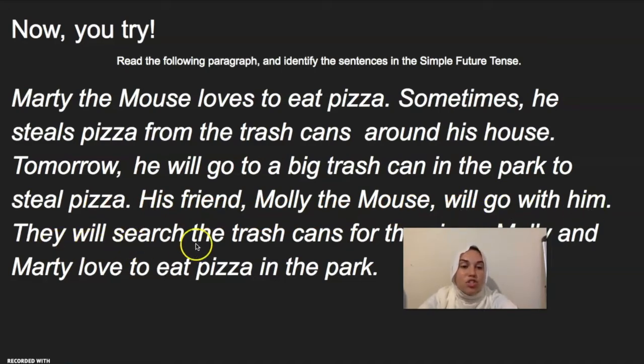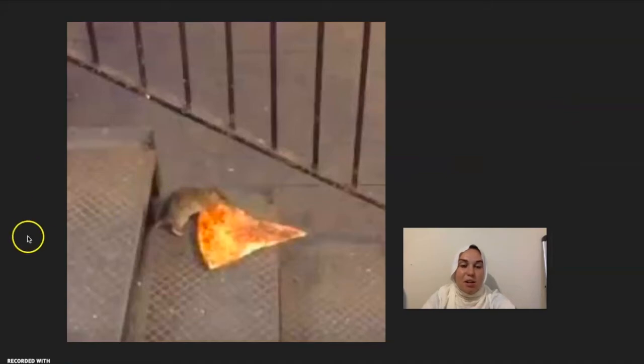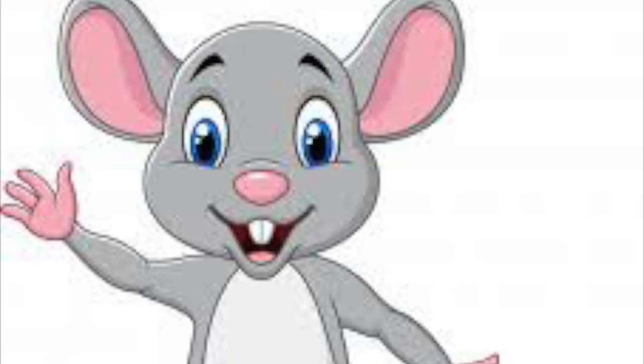They will search the trash cans for the pizza. Molly and Marty love to eat pizza in the park. Pause this video right now and figure out which sentences are in the simple future tense. When you're done, unpause the video and we'll review. Here is our Marty the mouse with his pizza.